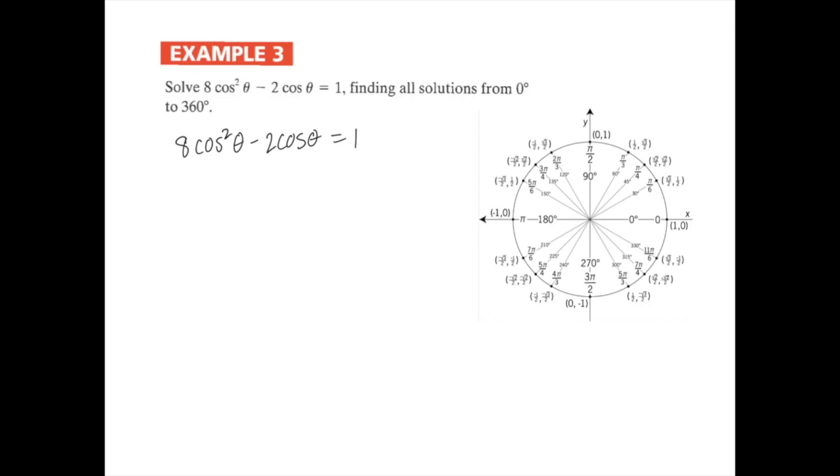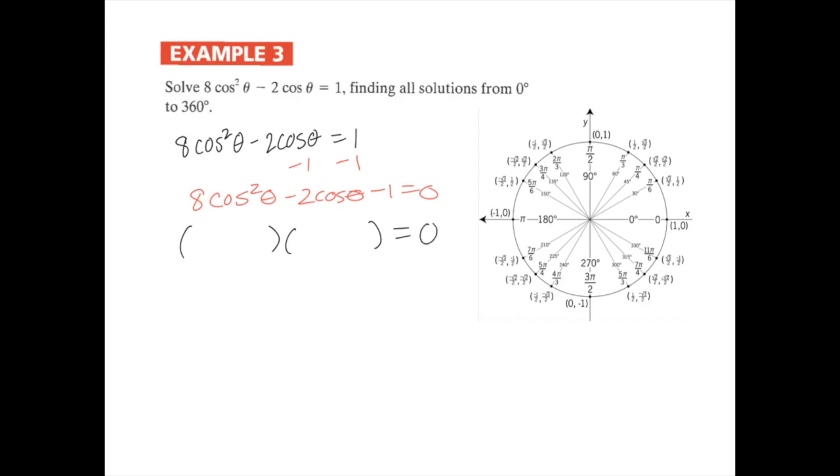So if I'm looking to factor this, a logical first step would be to get it equal to 0. So I'll subtract that over. And I am using either split the middle or guess and check for this type of factoring because I have that 8 in the front.